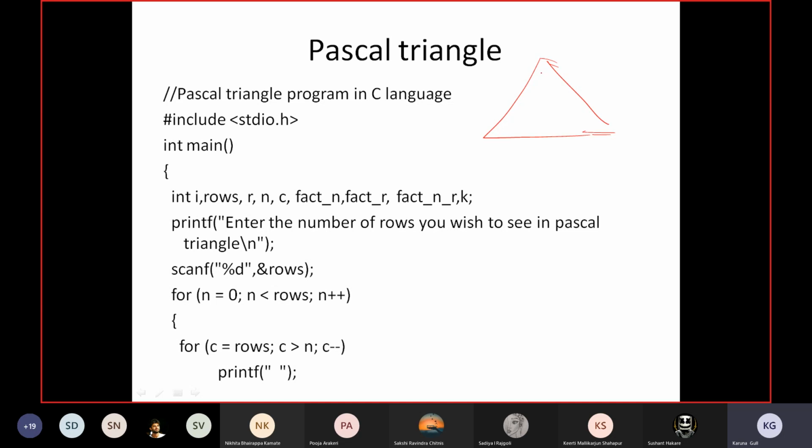How do I draw? What values do I have to write here? If I write like this, what are these values corresponding to? How do I get these values?